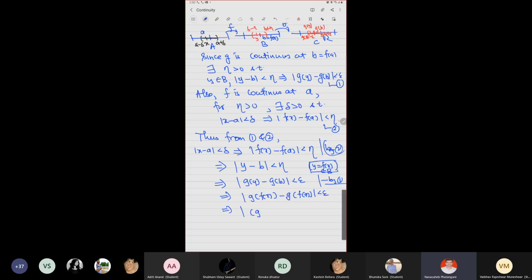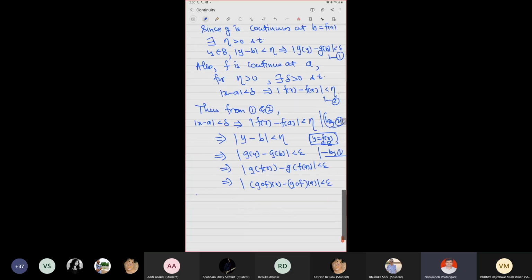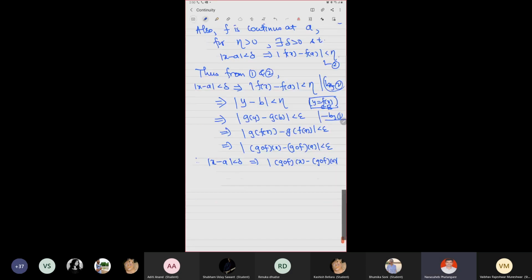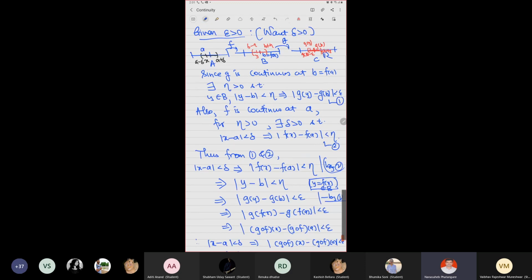Ultimately what we get is that the distance of g composite f at x and g composite f at a is less than epsilon. Therefore, whenever the distance of x from a is less than delta, the distance of g composite f at x and g composite f at a is less than epsilon. Therefore, for every epsilon, can we produce delta? Yes. Therefore, the composite function is continuous.